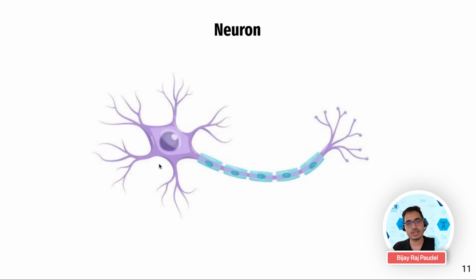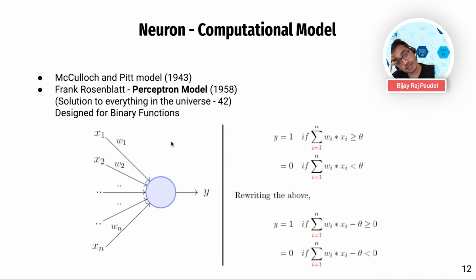On the computation side, we just try to model this biological neuron. The first convincing model was proposed in 1943 by two scientists, McCulloch and Pitts. They proposed a very complicated model, but they did not propose how to learn using those models, so that model didn't catch on or could not be used for actual computation much. Then there was another scientist called Frank Rosenblatt.